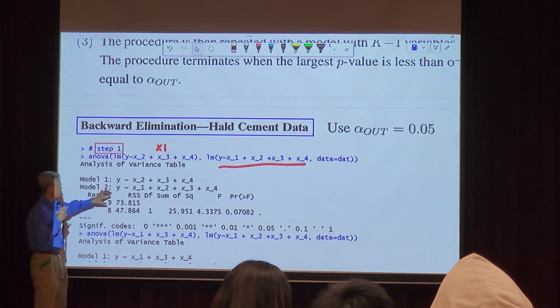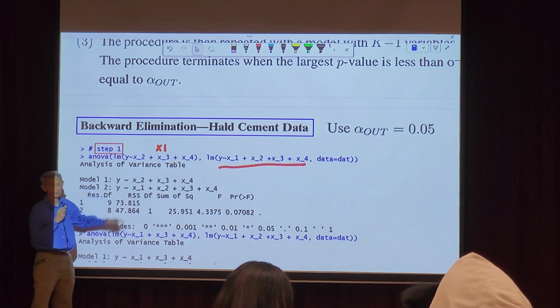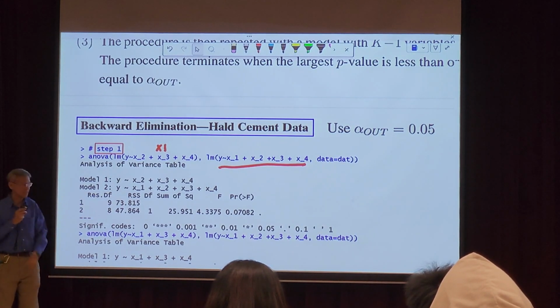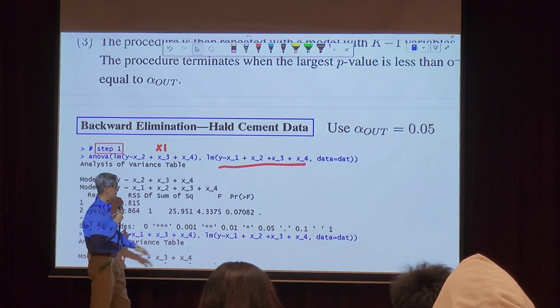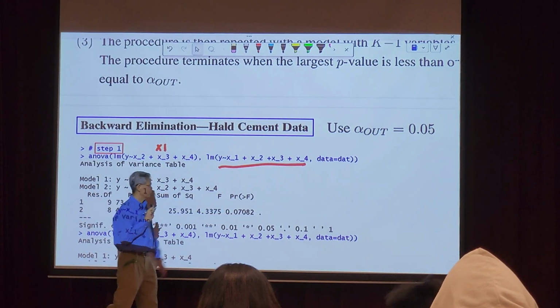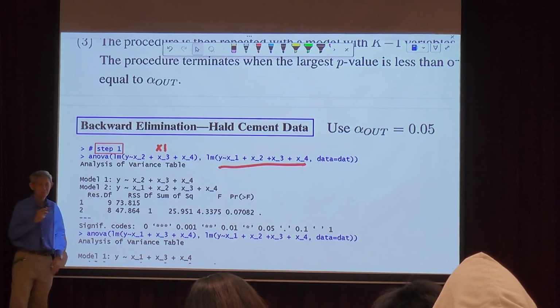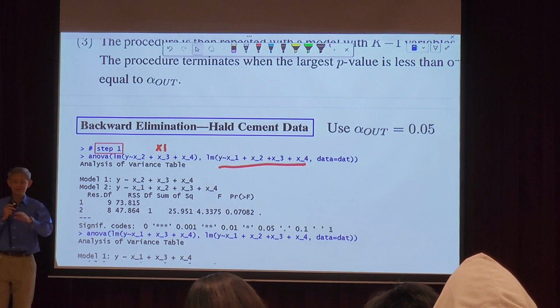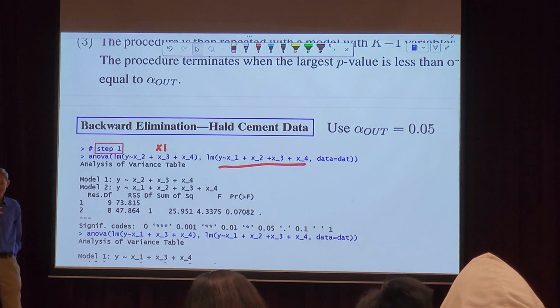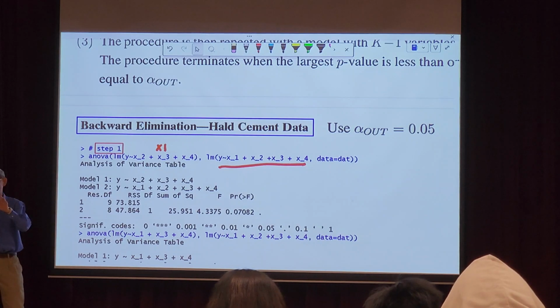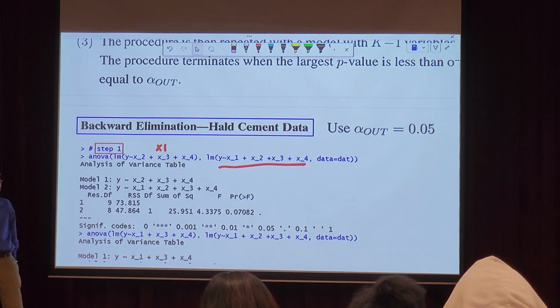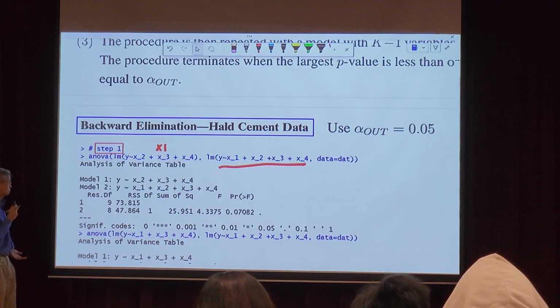This one shows that x1 is not so useful because the associated p-value is larger than 0.05. So we can kick out x1. But then, what if you have more than one to kick out? Then you look for the one that has the largest p-value to kick out.